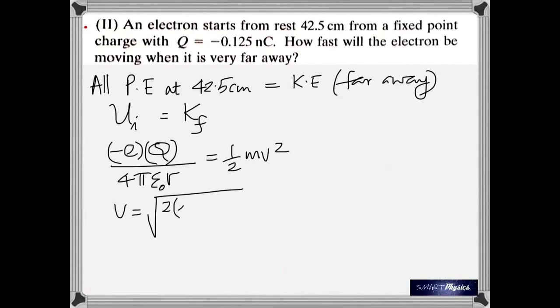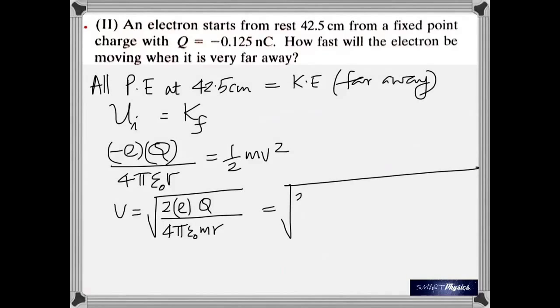Make velocity the subject, rearrange. Remember that 1 by 4 pi epsilon naught that you see down there is just K, so its value can be put as 8.99 times 10 to the 9 in the numerator.